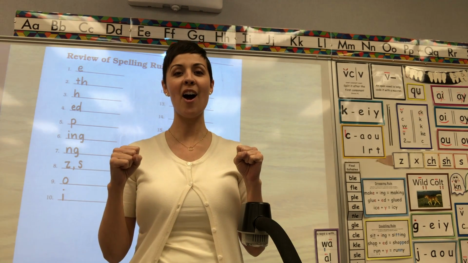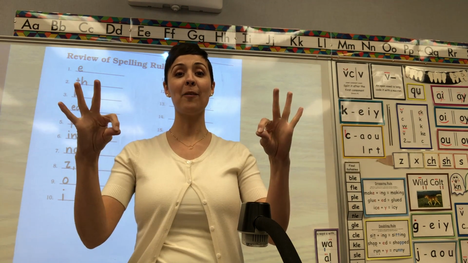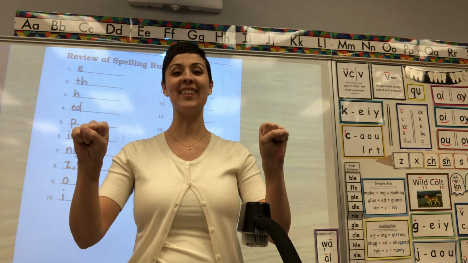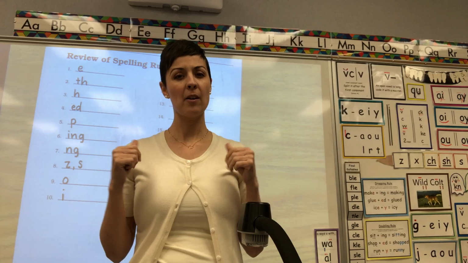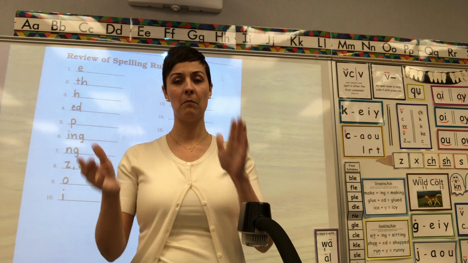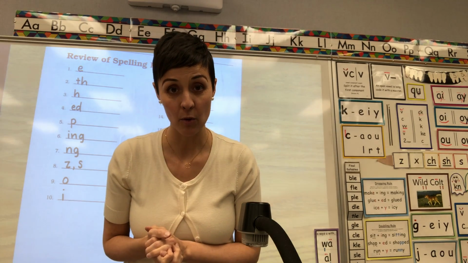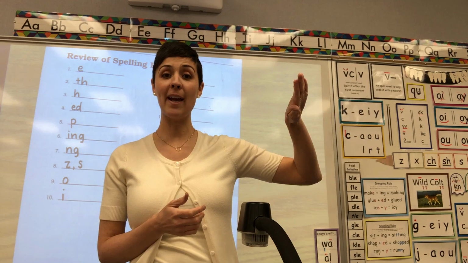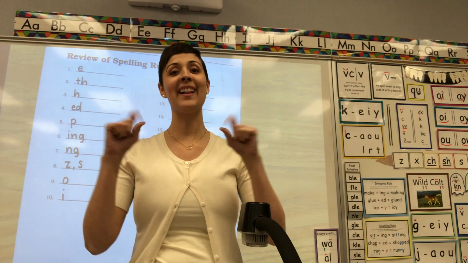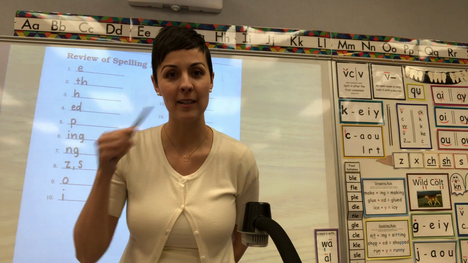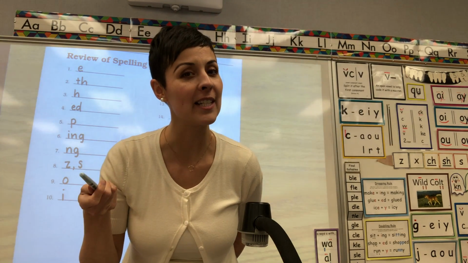The floss letters are F, F, L, L, S, S. You got it. And we said how you know if it's a floss word is if it has one syllable, if it's a short vowel in the word, and if it ends in F, F, L, L, S, S. So will you spell for me the word stuff? What word? Stuff.